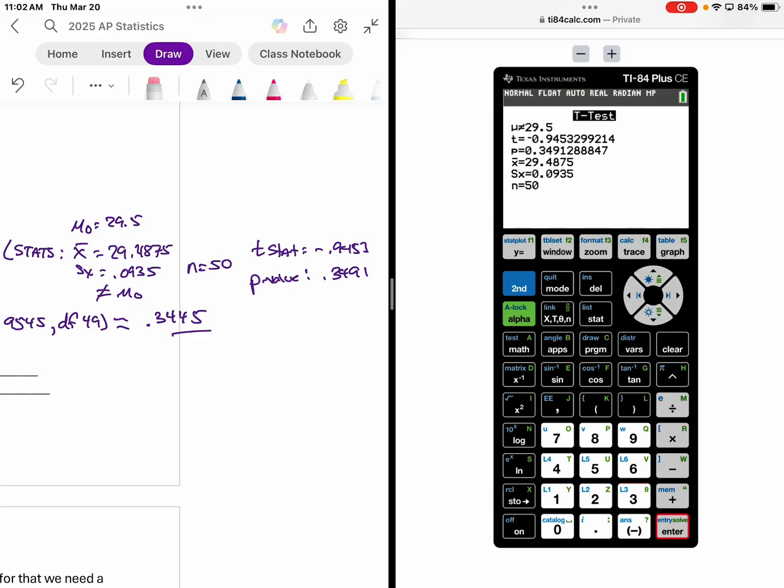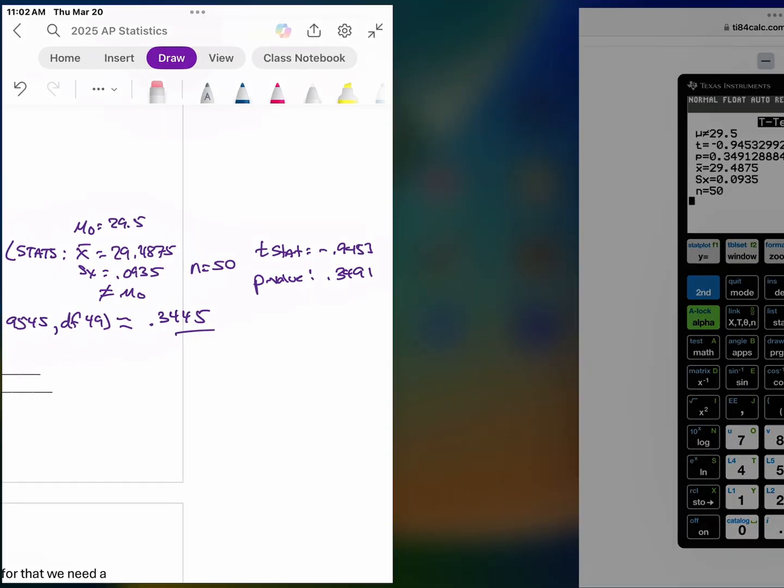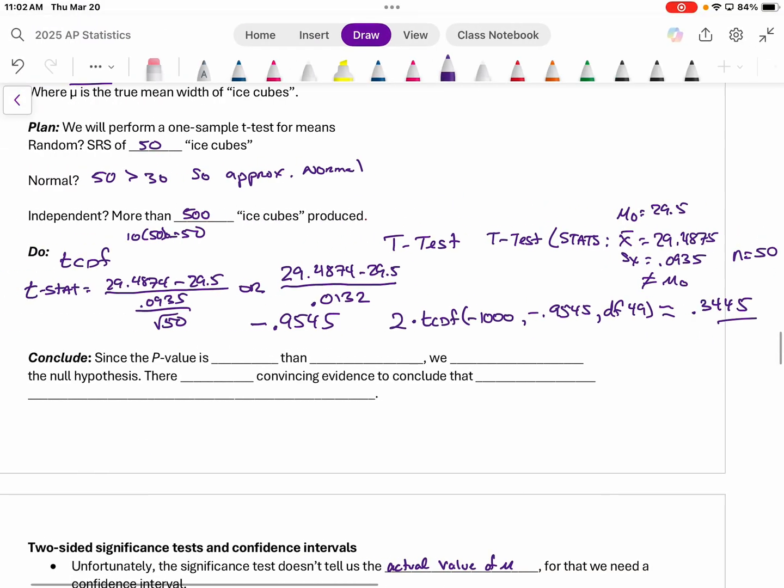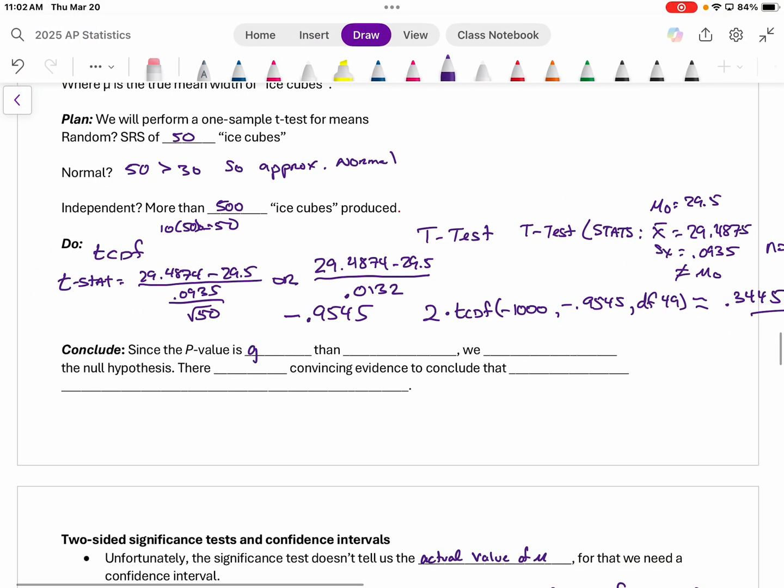So with that in mind, in either case we can make the same decision. Compared to 0.05, our p-value is greater than 0.05. We fail to reject the null hypothesis.